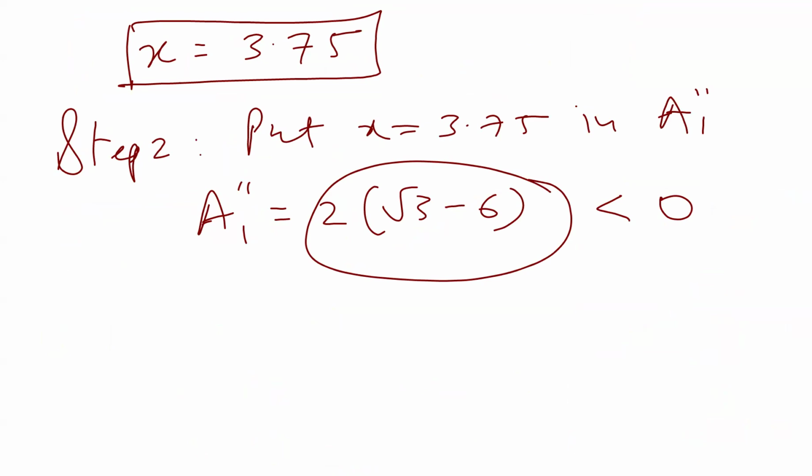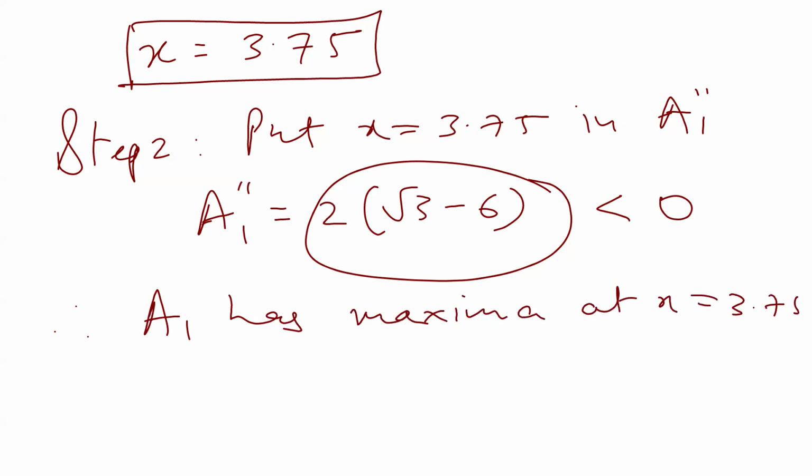It's very basic common sense. If you want to calculate, you can certainly calculate, but it's not required. So we got the function's double derivative as lesser than 0. Therefore, a1 has maxima at x is equal to 3.75.